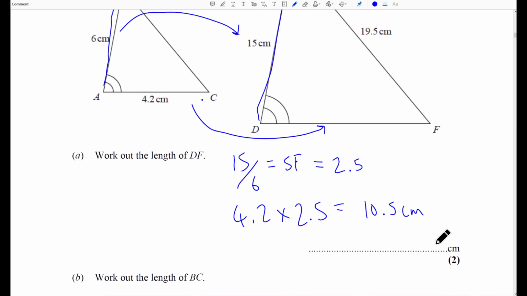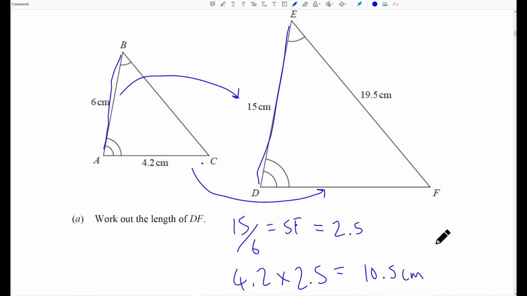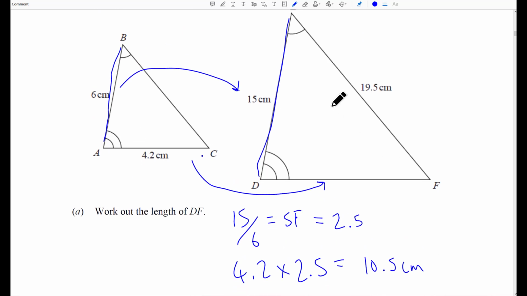Question B is work out the length of BC. So BC, you're going this way to this way. So if this way was times, this way needs to be divided by 2.5.